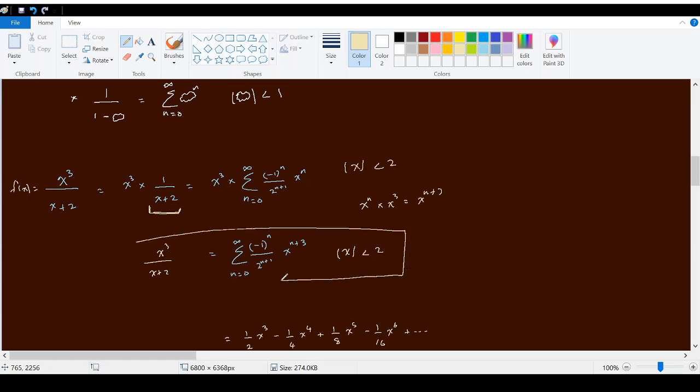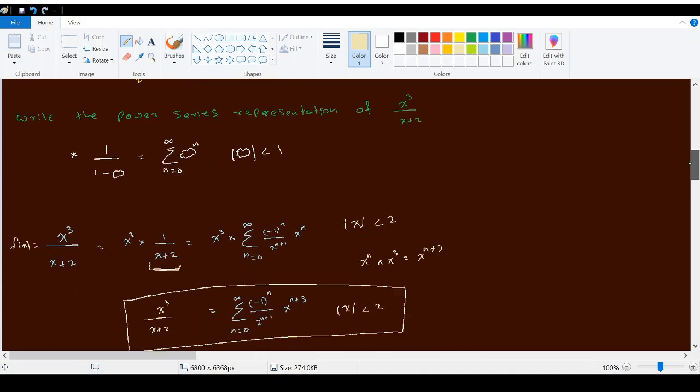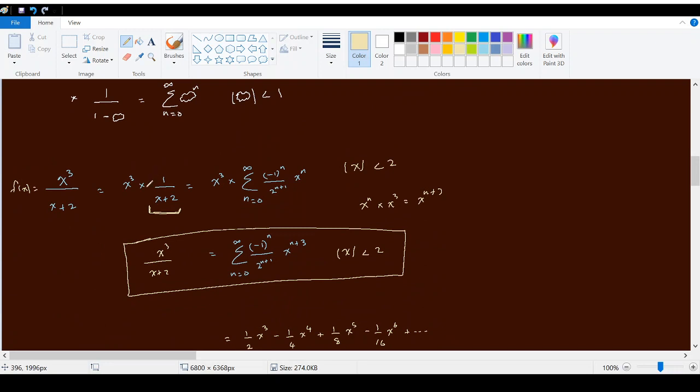That means the power series representation for the new function will also be true within the interval of the previous series. That is only because you are using the same power series for this one, and that power series is only valid within this region.